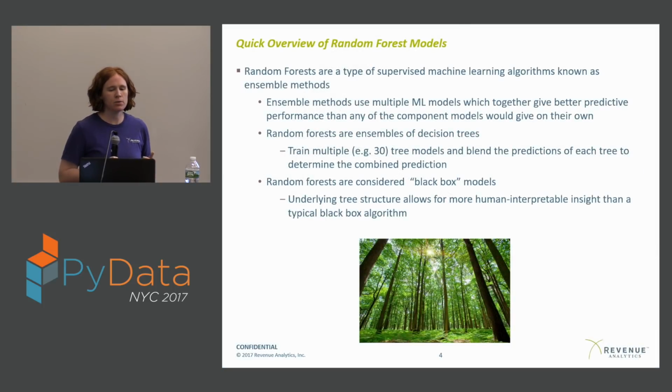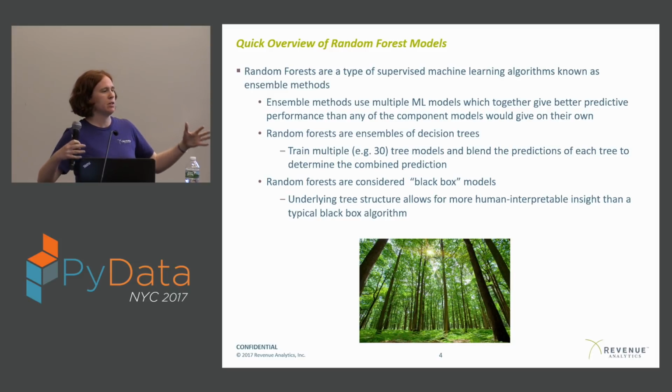At a high level, random forests are a type of machine learning algorithm known as ensemble methods. Ensemble methods use multiple machine learning models which together give better predictive performance than any one component would on its own. And random forests are just ensembles of decision trees. So the idea is you train multiple tree models and blend the predictions of each to determine the combined prediction. So it's a parallel set of trees that you combine to get a single prediction.